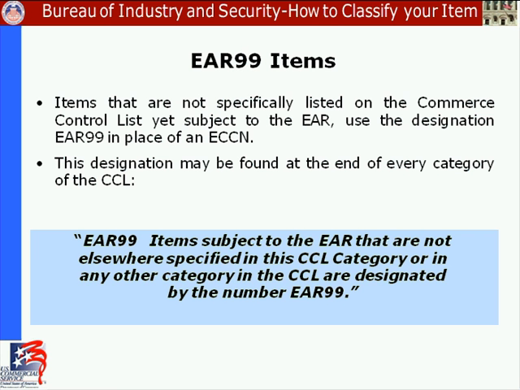Now, if you cannot find your item in any of the clearly described ECCN numbers, then maybe, just maybe, your item is EAR99. Now, EAR99 are items subject to our regulation, EAR, Export Administration Regulations, or I can say subject to Commerce Department, or I can say subject to BIS, Bureau of Industry and Security.